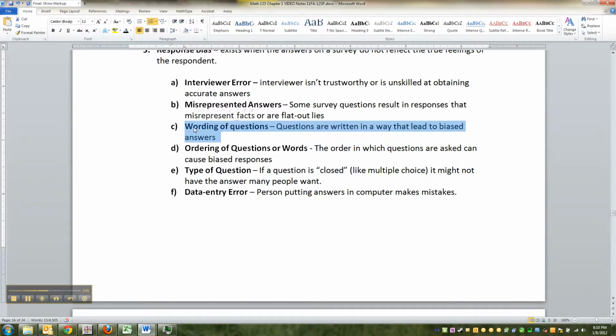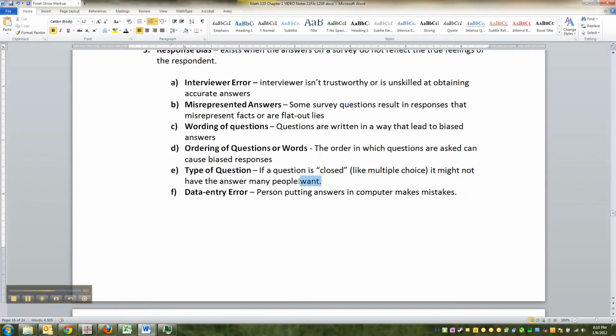Using double negatives sometimes gets people confused about what they're answering. How you order the questions. So you could ask a whole bunch of questions about recent deaths by gunshot, and then the last question should be about gun control. You imagine because you've loaded it with all sorts of previous questions about recent deaths because of gunfire, that people are going to be more inclined to say, yes, let's control guns, right?